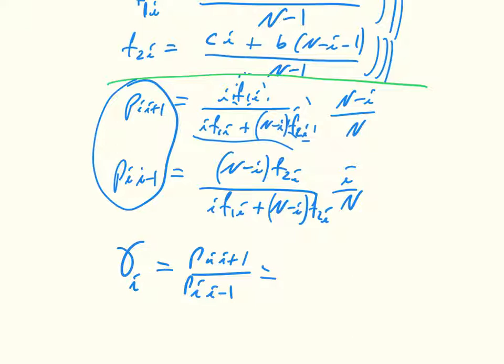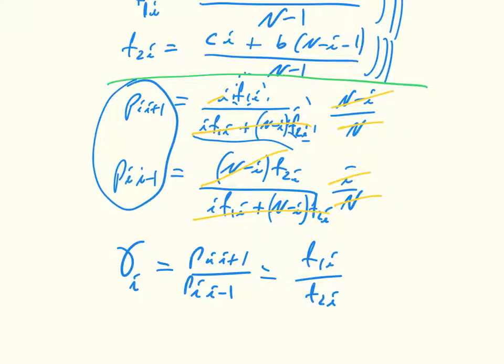And if we look at these two ratios, we see a lot of things are going to cancel. Those are going to cancel. This n is going to cancel. This i and this i is going to cancel. And this n minus i and this n minus i is going to cancel. And so what we're left with is f1(i) divided by f2(i).